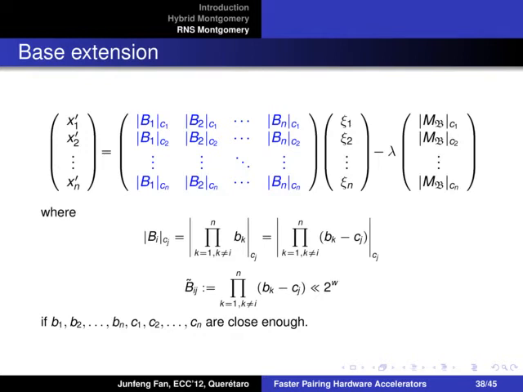So the idea is that if we choose this bk and Cj very close to each other, then it might be that this number is very small. It's much smaller than the size of W. W is the bit length of the base.